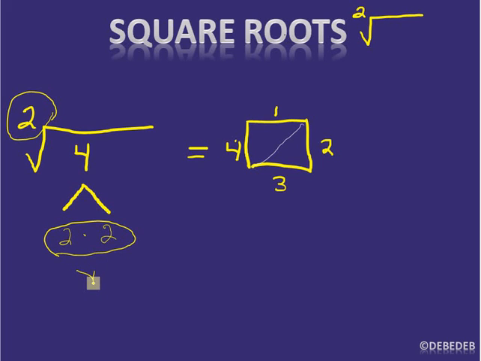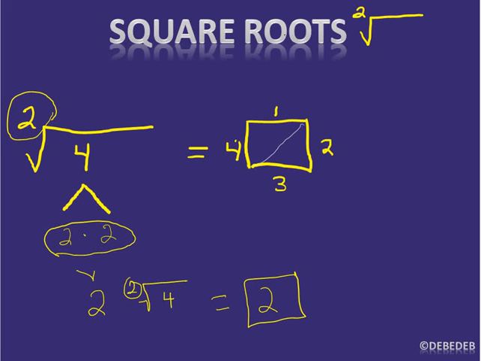So this actually equals 1, 2. So therefore, when you're dealing with this problem, this is how you would solve it, and the answer would be 2, because we were able to pair a set of 2's and bring that out of the radical, and this is the actual answer for that.